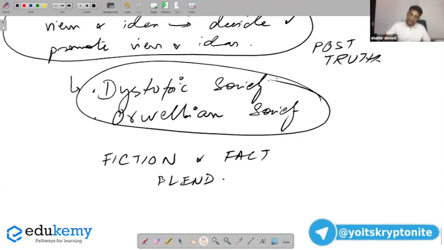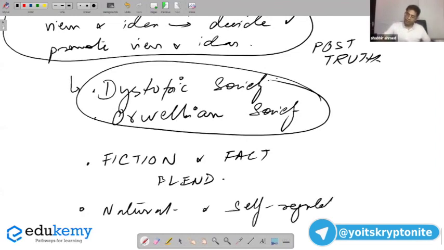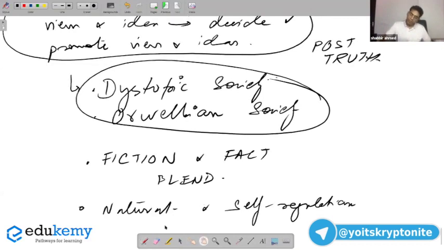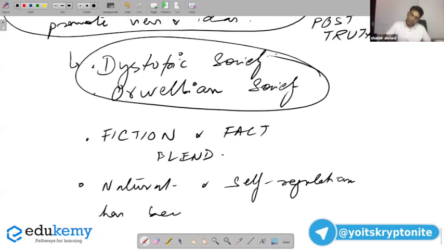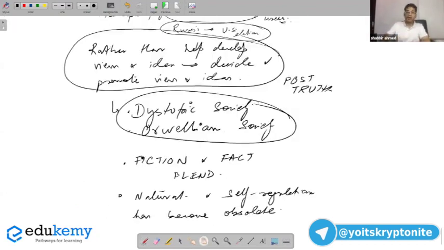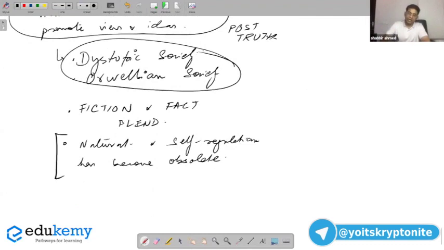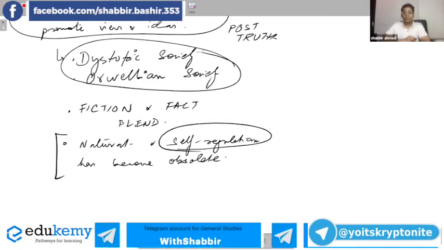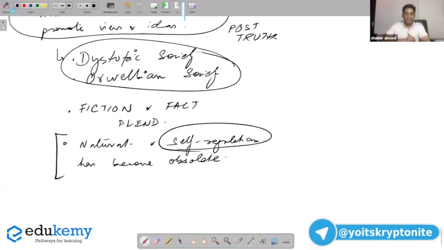And natural and self-regulation has become obsolete. देखो freedom of speech का एक बहुत important notion था that it can be self-regulated. You need not control. But now we say the self-regulation as a concept has become obsolete.